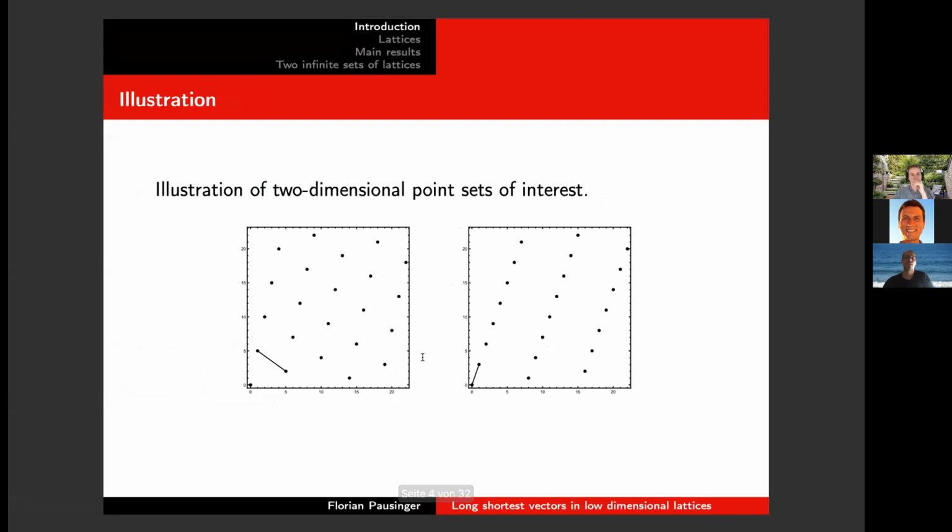These are 2 examples of typical point sets. This is just in 2 dimensions because it's easier to illustrate. The point 0, 0, 0 is always contained in our point sets because we allow the index n equals 0. Then you have your parameters. Let's say this is the point you get for n equals 0, then maybe this is the point you get for n equals 1. Then you look at all the integer multiples and take them modulo n.